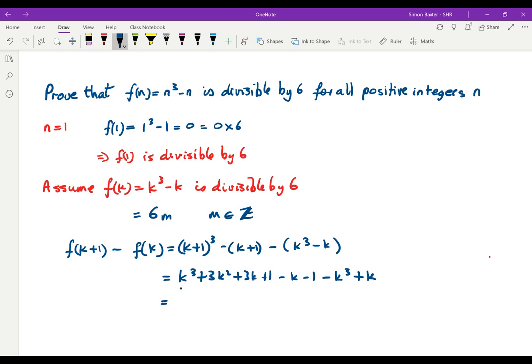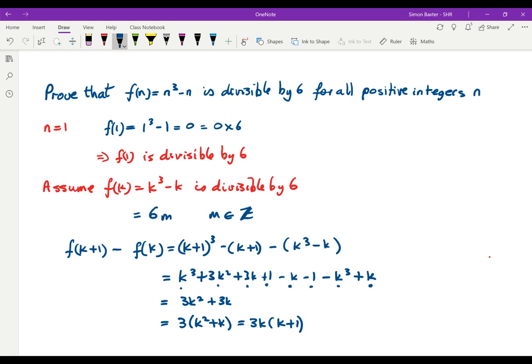Well, we've got rid of k cubed, which is nice. 3k squared doesn't do anything, it just stays there. 3k minus k plus k is just 3k, and plus 1 minus 1 disappears. That gives us 3k squared plus 3k. So it's 3 times k squared plus k, which I can also write as 3k times k plus 1.